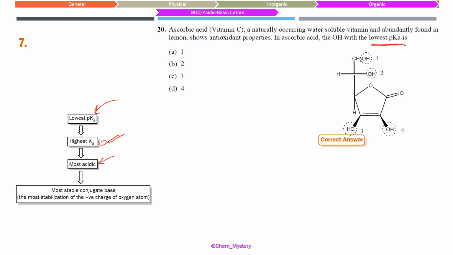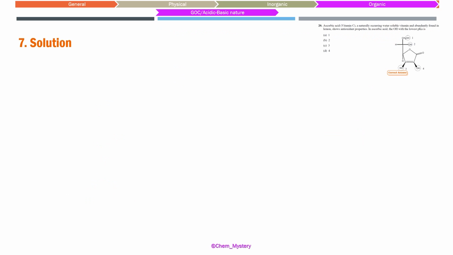The answer would be the one where you have got the conjugate base most stabilized, and that stabilization will be coming from the negative charge of the oxygen atom. So out of these 4 different kinds of hydrogens, in whichever case the negative charge on oxygen is most stabilized, that is going to be the most acidic hydrogen, that is going to have the lowest pKa value. Let's have a look.